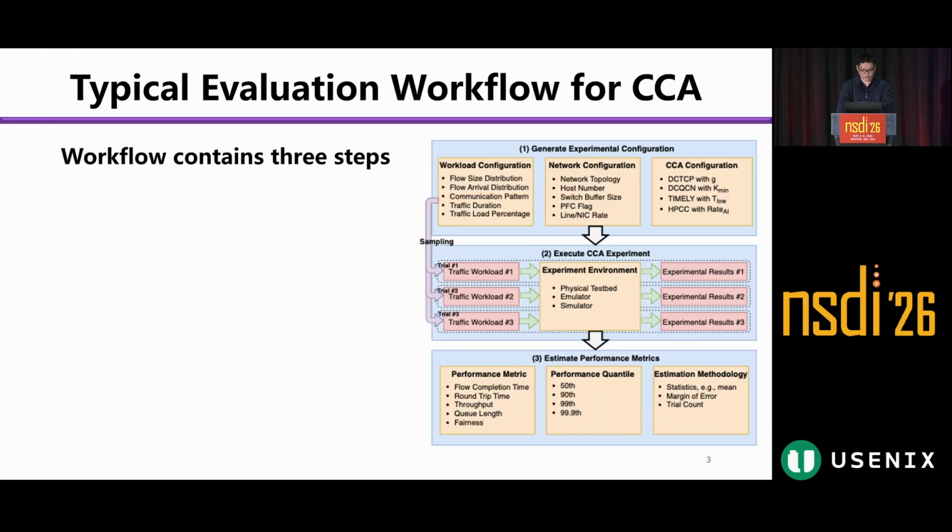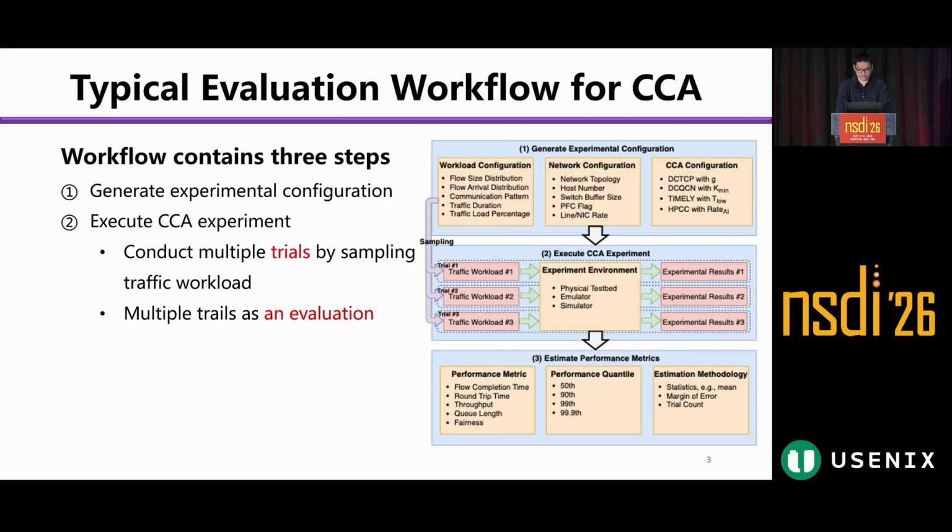So to understand where the gap is, let's first walk through the standard CCA evaluation workflow that nearly all existing work follows. This workflow has three core steps. First, generate the experimental configuration. This includes defining the workload, network topology, and specific CCA parameters for the test.